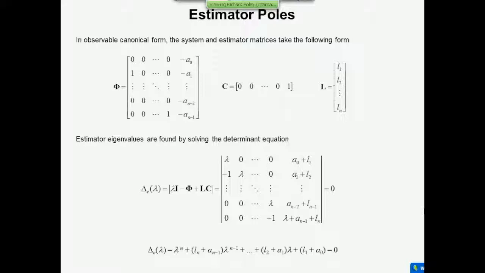And so when we compute the closed loop eigenvalues for the estimator, lambda I minus phi plus LC, we're computing the determinant of this, and because we've got everything in the last column, it turns out that the estimator eigenvalues are the solutions, at least in the single output case, to this polynomial down here. So you can use this in the same way as we did before.